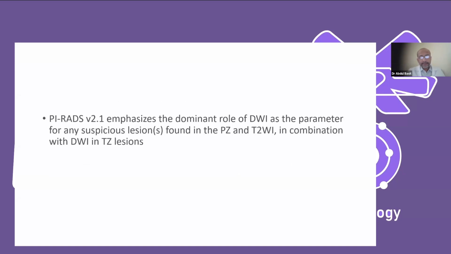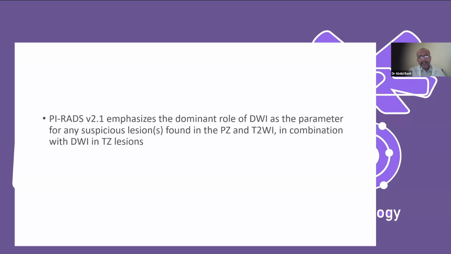So in current practice, PI-RADS version 2.1 is in clinical use, and they change after 5 to 7 years. They update, and sometimes, if there is a significant finding, the steering committee updates the recommendations.